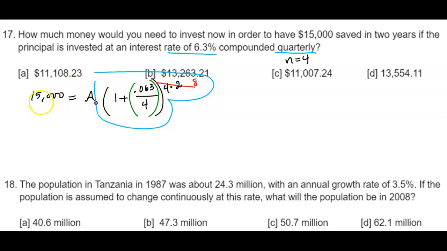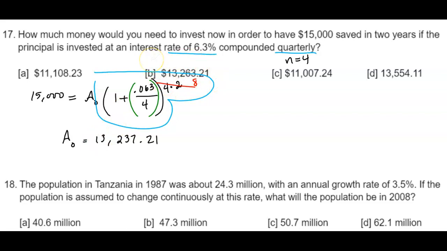So when I take 15,000 and I divide it by the result of putting all of this in my calculator, I end up getting that the initial value is equal to $13,237.21.